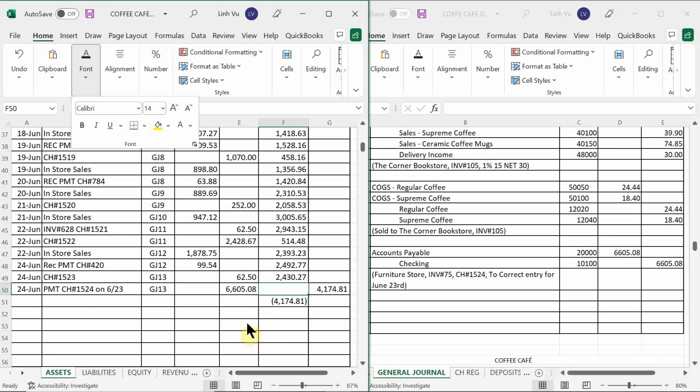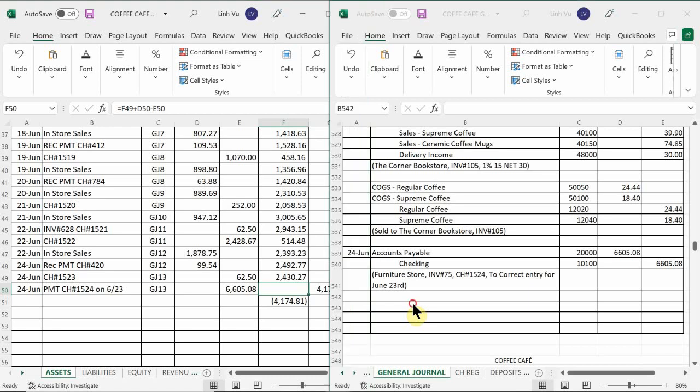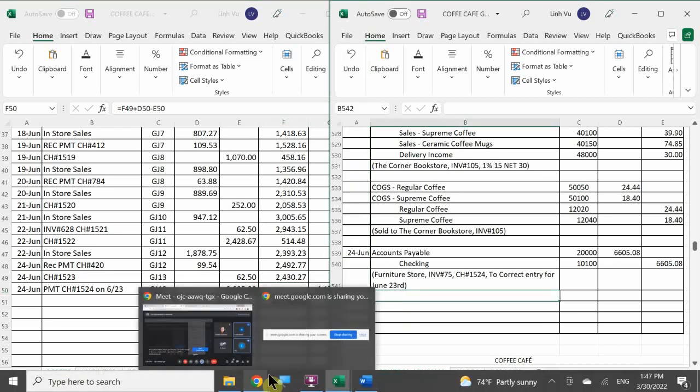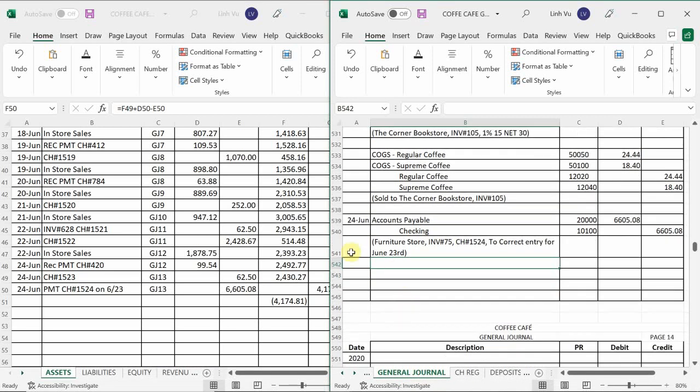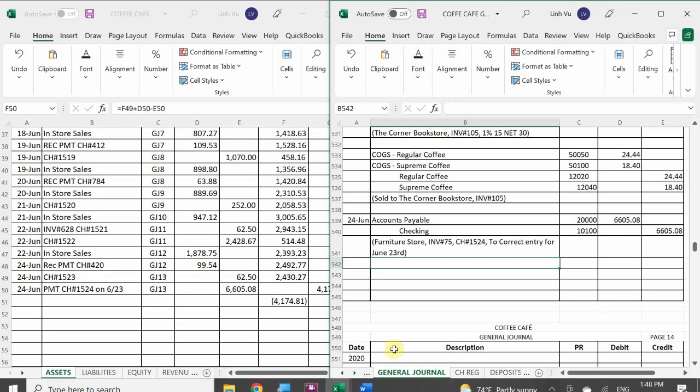Okay, there you go. Okay. Right? We already did the subsidiary ledger first. So in this case, let's go ahead and we can continue on to the next one, okay?